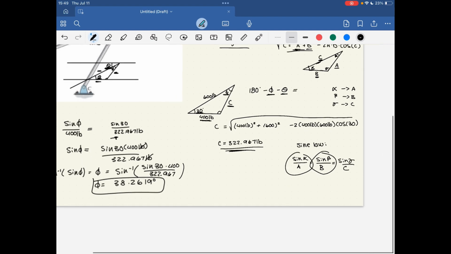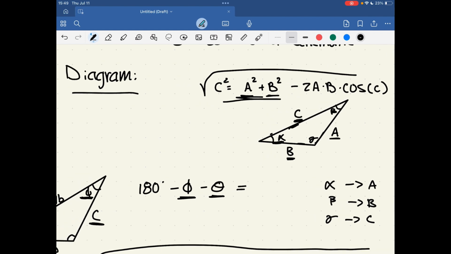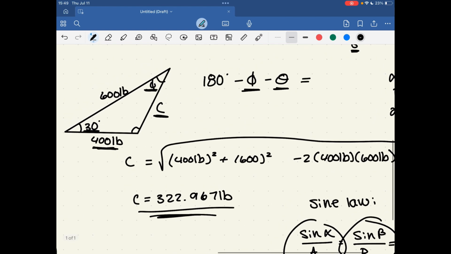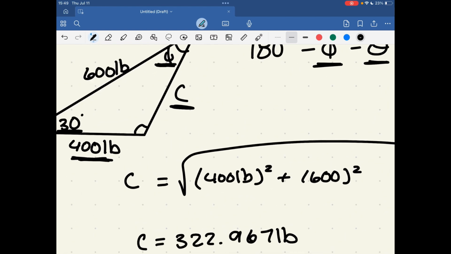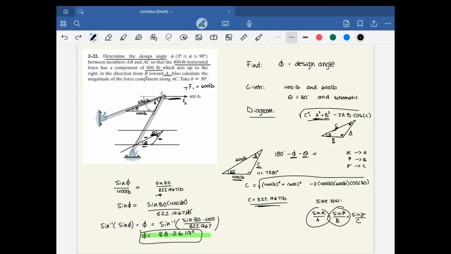So this is equal to 180 minus 30 minus 38.2619, which gives us 111.7381 degrees. We box in our answer. And we box in our second answer.